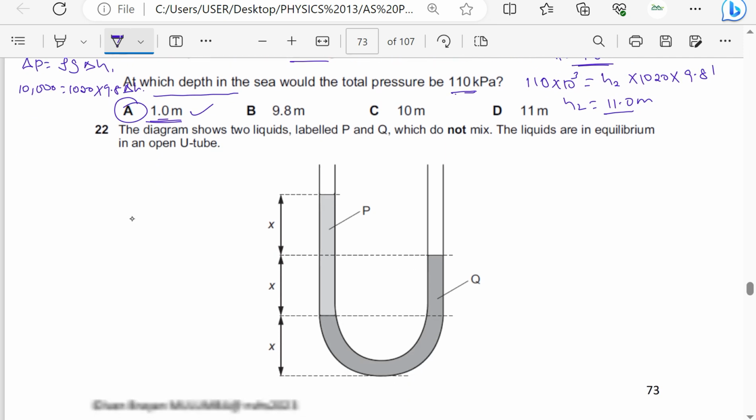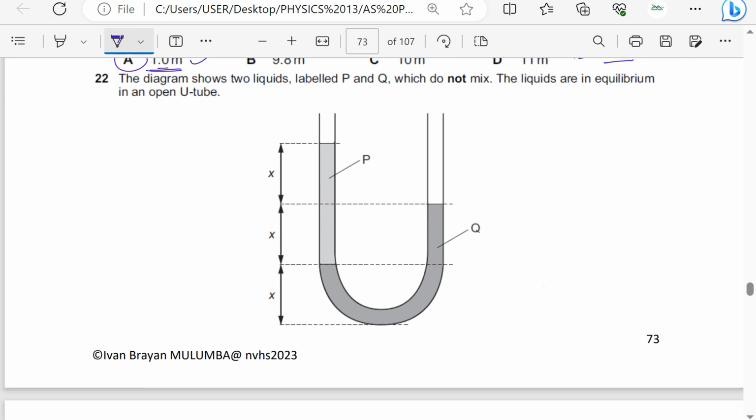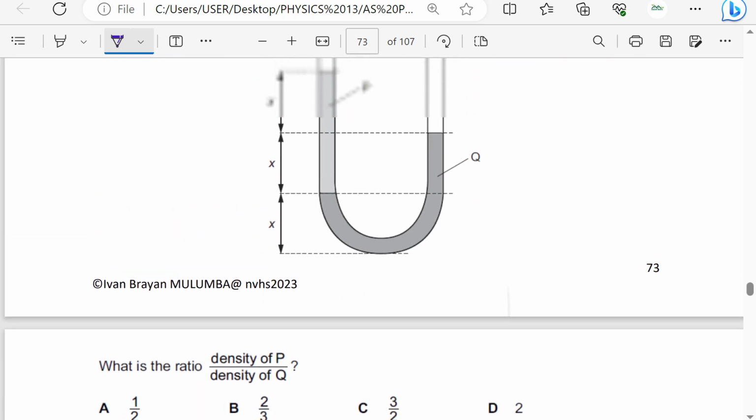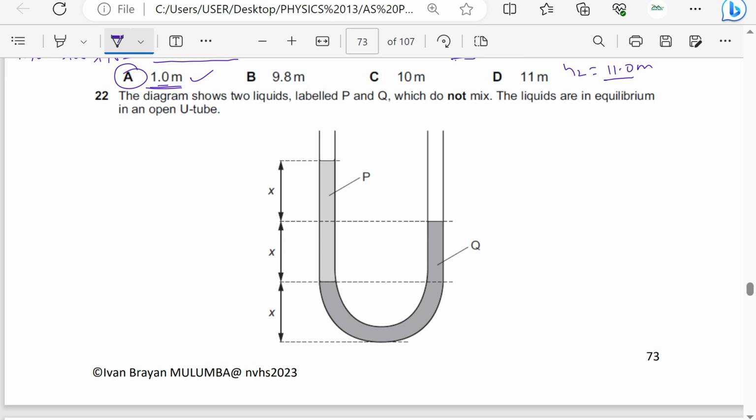The diagram shows two liquids labeled P and Q which do not mix. The liquids are in equilibrium in an open U tube. What is the ratio density of P over density of Q? Okay.